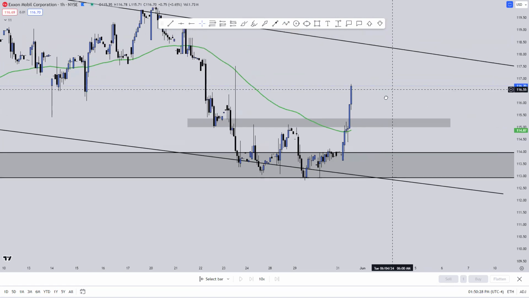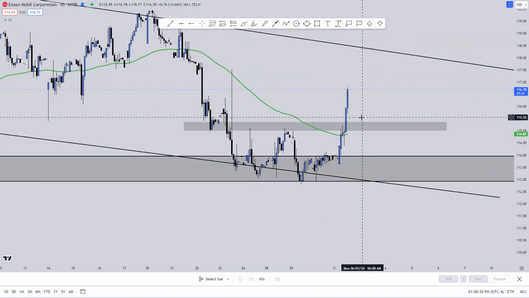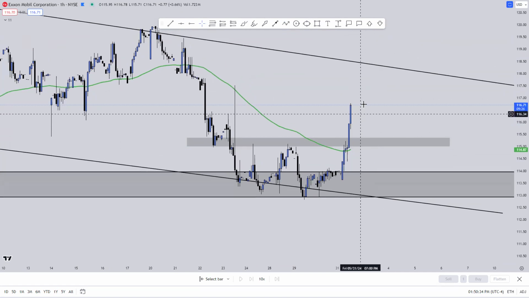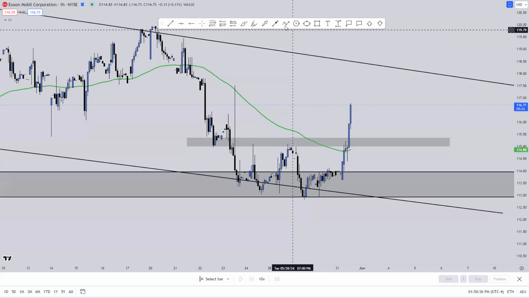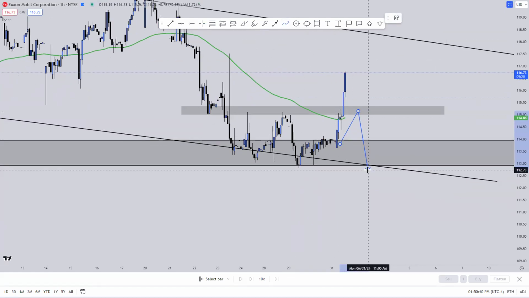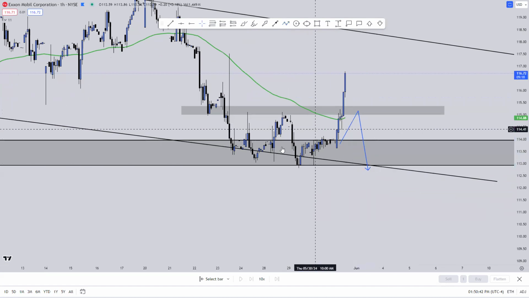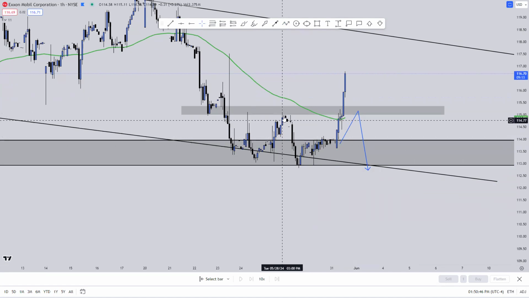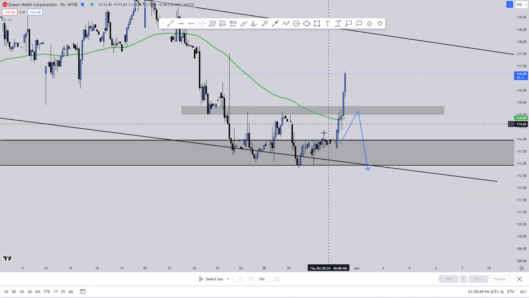All right, so now that the price has broken above this supply area, now we can have a bigger move up. All right, so in the previous example, we saw that the price came up, rejected from the level.